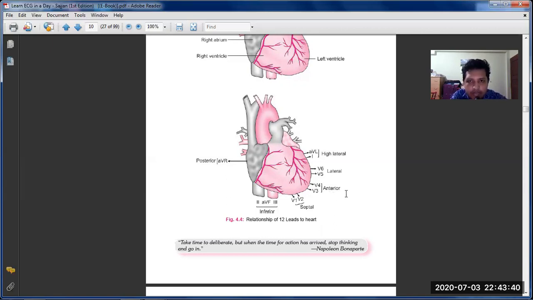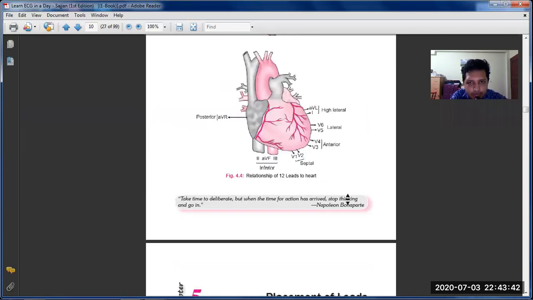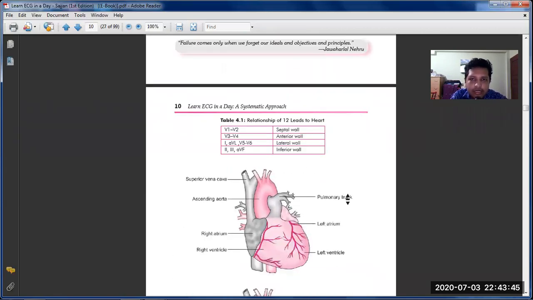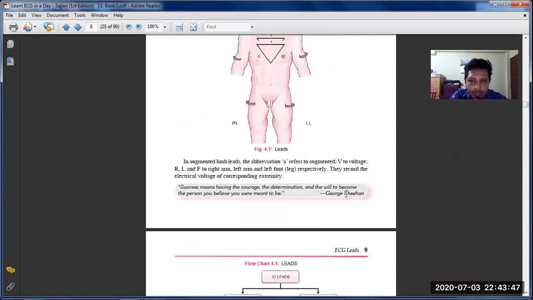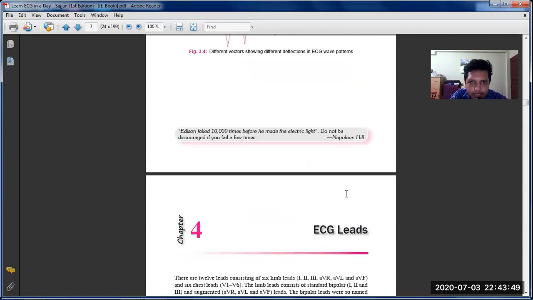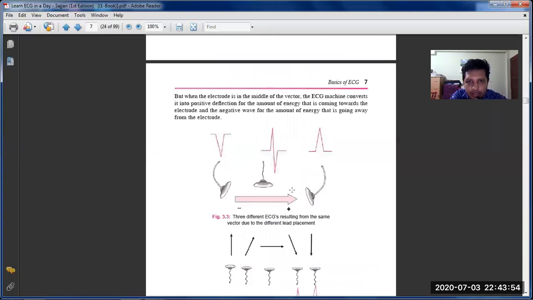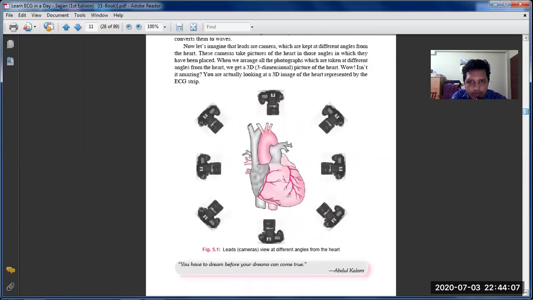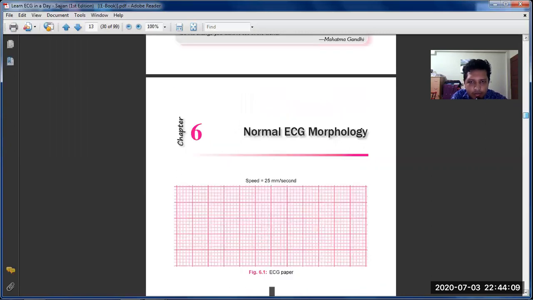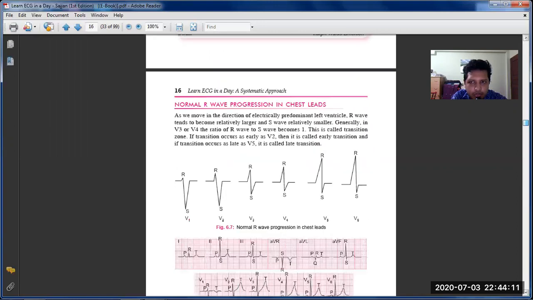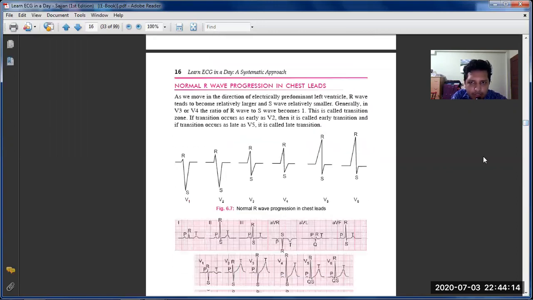So in V6 we will see more positive deflection, and in V1 we will see less positive deflection. I described it earlier in this picture: towards the positive lead we see positive, away from the lead we see negative. So towards V6 more positive, away from V1 more negative. This is called the progression of the R wave, and it is also very important in clinical practice. I will show you in future lectures.